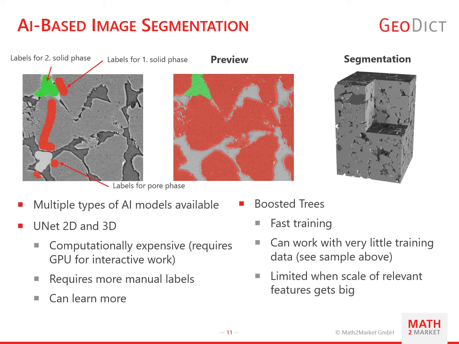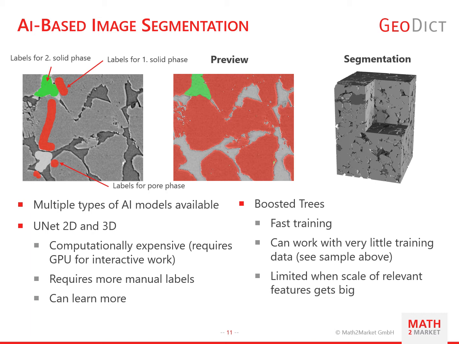We have multiple AI models available. We have a UNet model, a deep learning model that can either be 2D or 3D. That model is computationally quite expensive and requires a GPU if you want to work interactively. And it also requires quite a bit of training data, so you have to paint a bit more in your sample. But it can learn also very complex cases. In contrast to this, we have a boosted tree model.